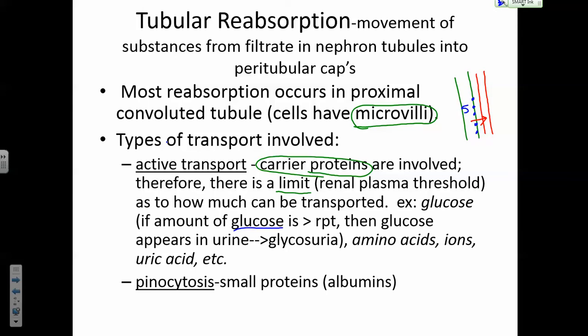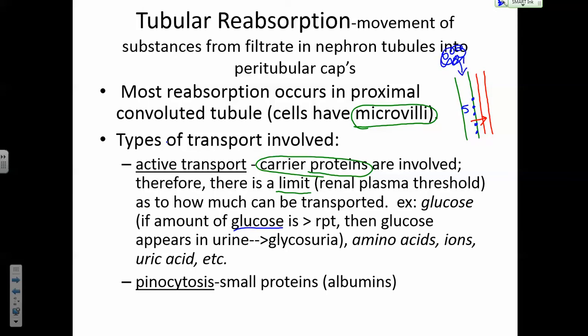Okay. Glucose is one of the substances that, after it gets filtered, you want to reabsorb every bit of it. So you have enough protein carriers for glucose for the normal amounts of glucose that are in the blood plasma. Okay, so let's say up here, I know my drawing's pitiful, but let's say there's Bowman's capsule and filtration's going to occur.